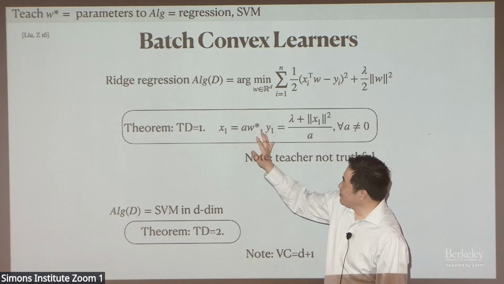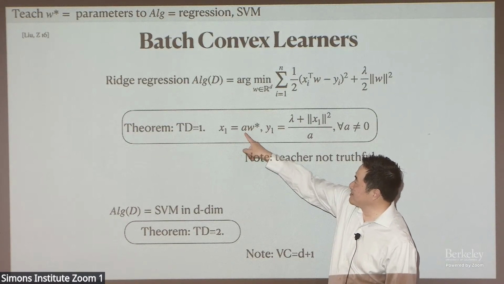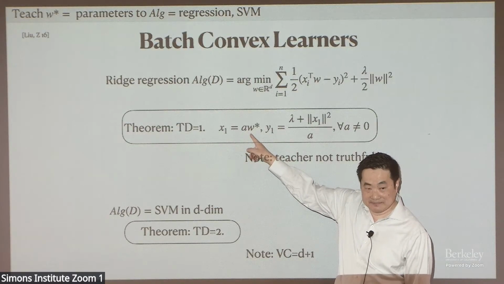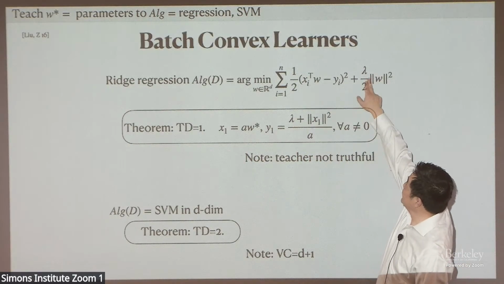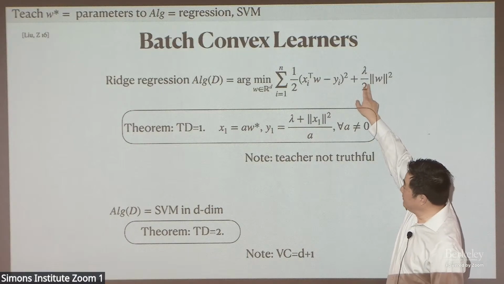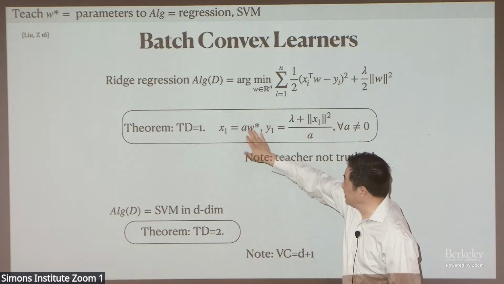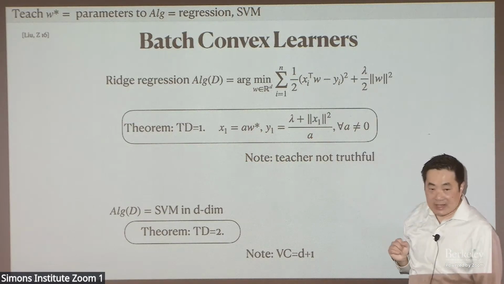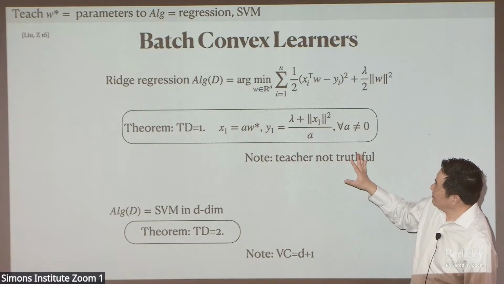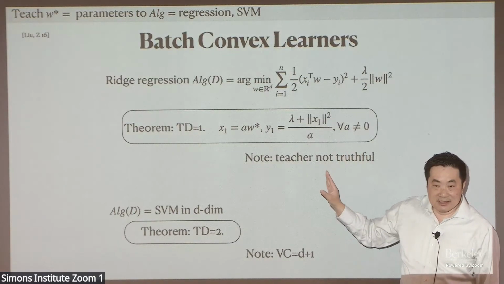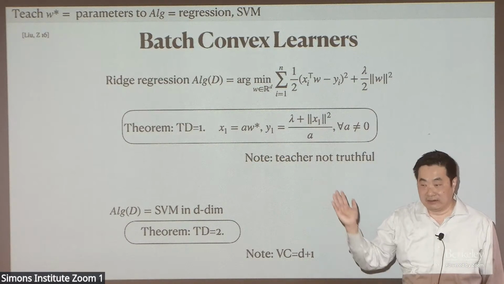It designs a training set with x1 being some arbitrary non-zero constant times w star, and the label is set to be lambda, which is the regularizer weight, times the norm squared of what it used here, divided by a. You do some mental cancellation, and you see that this item does not live on the line of w star.